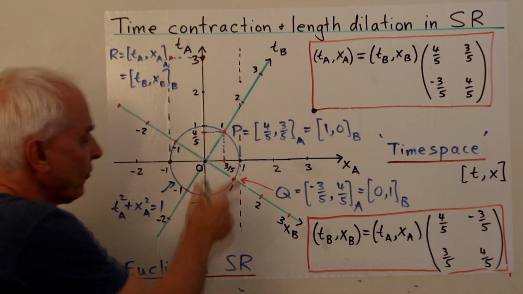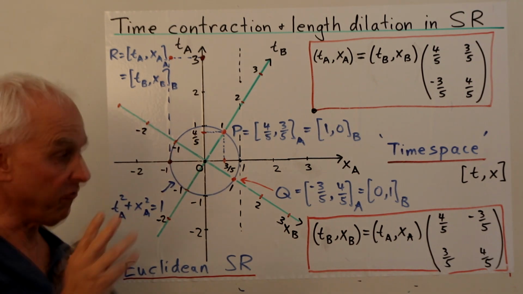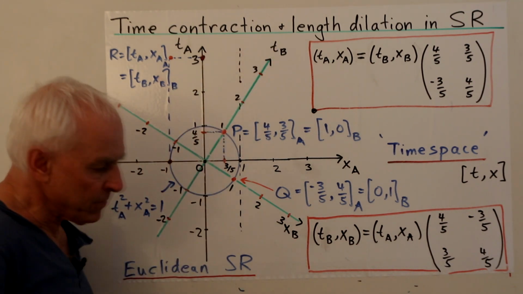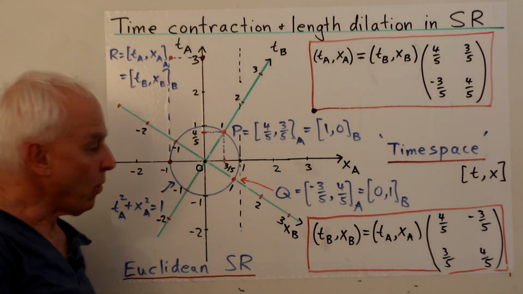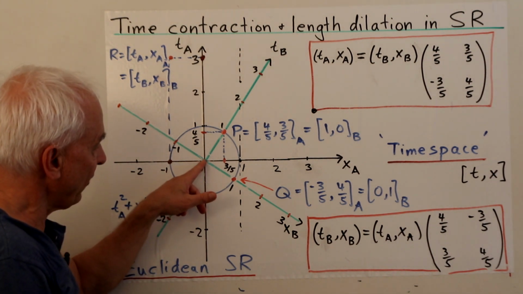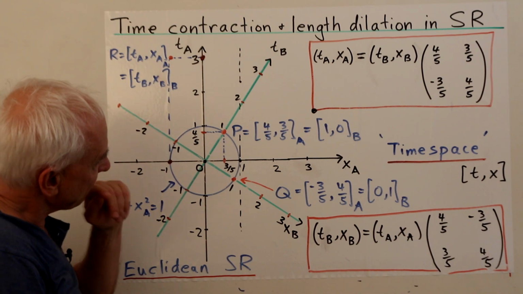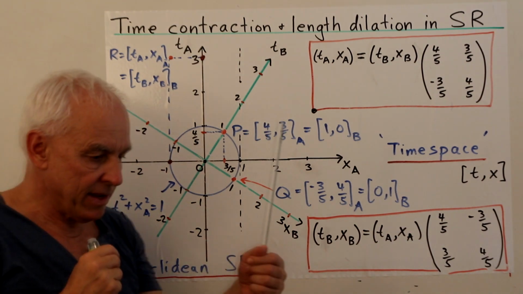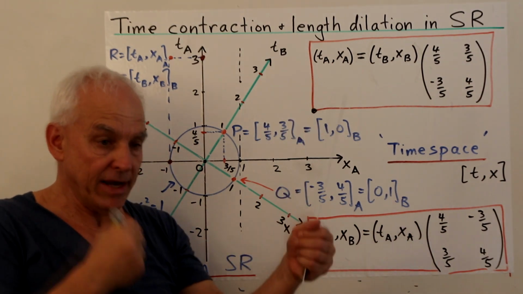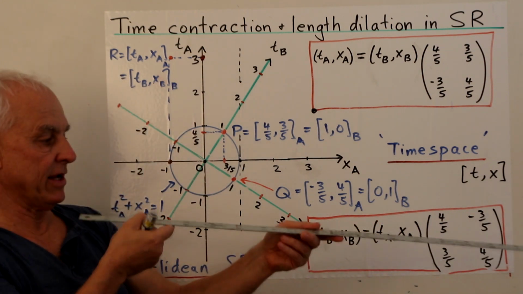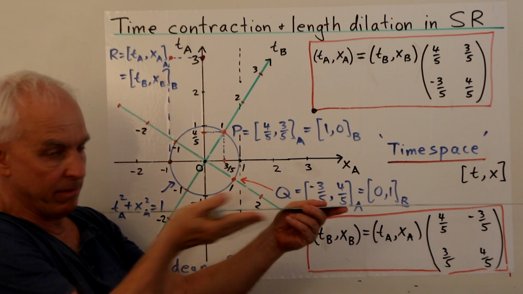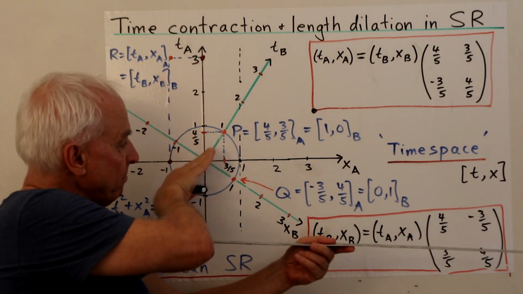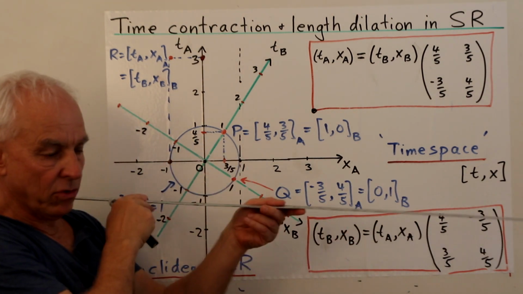So these are the positions of the end of the ruler through time. So let's look at this ruler from the point of view of B. Here is B. So how is B going to measure this ruler? Well, at this end, he knows that its end is here, but in order to make a length reading, he wants to look at this ruler here. This ruler might be doing something as far as he's concerned because he's actually moving. B is actually sort of moving this direction. So the ruler is moving.